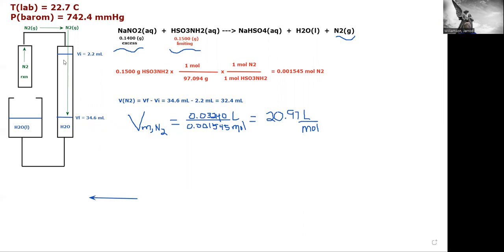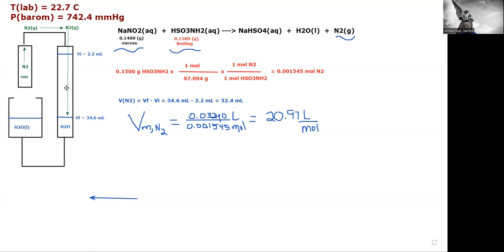It was full of water all the way up to here. Then as nitrogen gas was produced from the reaction, it pushed the water level down, until when the reaction stopped and we got the leveling bulb at the same level as this, we had a final volume of 34.6 milliliters.